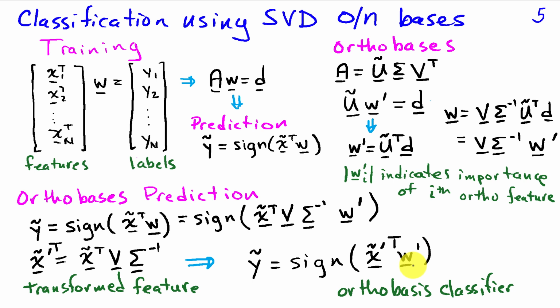We can implement this classifier in either the orthobasis space spanned by U tilde or the original space spanned by A, and it simply amounts to using a different set of weights, W prime versus W, and transforming the measured features from x tilde to x tilde prime. So if we want to prune features by removing elements of W prime that are very small, it's very easy to do that here, and clearly it's going to eliminate the features in x tilde prime corresponding to values of W prime that are very small.